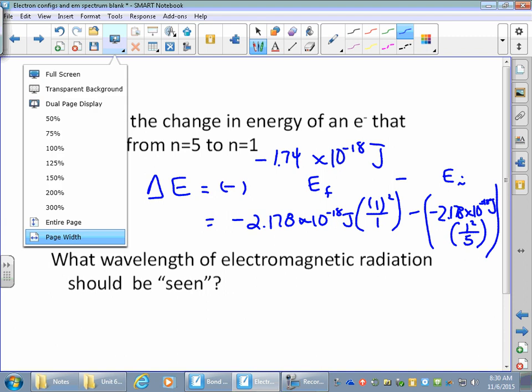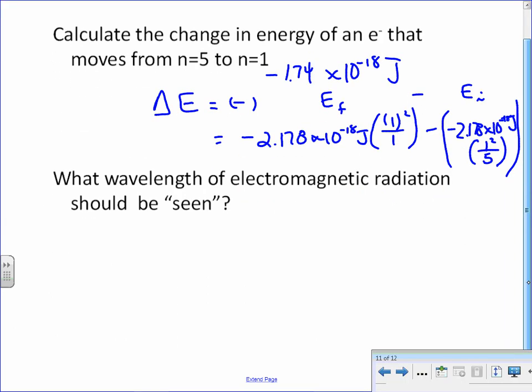And from that, we can calculate the wavelength of the light using our other equations.